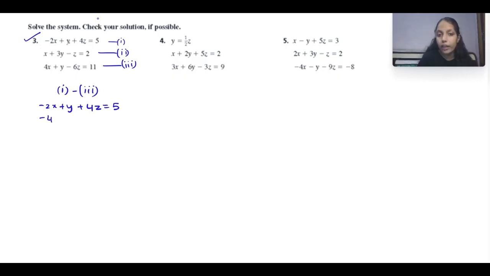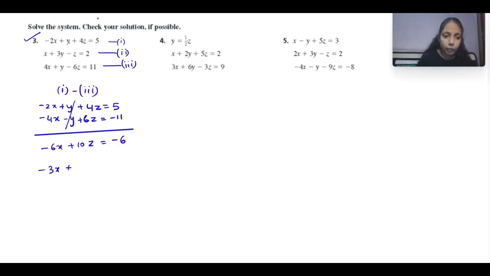So negative 4x and negative y plus 6z equals negative 11. Add them. This cancels. Negative 6x plus 10z equals negative 6. To make it easy, I am dividing this by 2. 2 3s are 6. 2 5s are 10. And 2 3s are 6 again. So this is equation number 4.